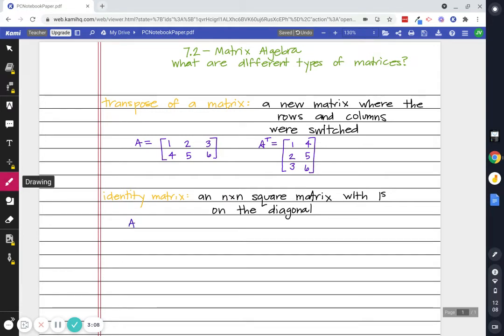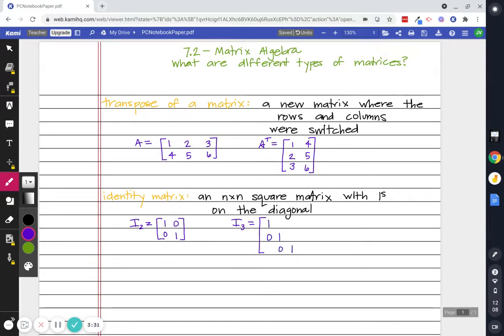For the identity, we're going to give it the letter I. Let's say we had I and it was a 2 by 2. It would look something like this. There's my diagonal. Everywhere else is zeros. I of a 3 by 3. Here's my diagonal.